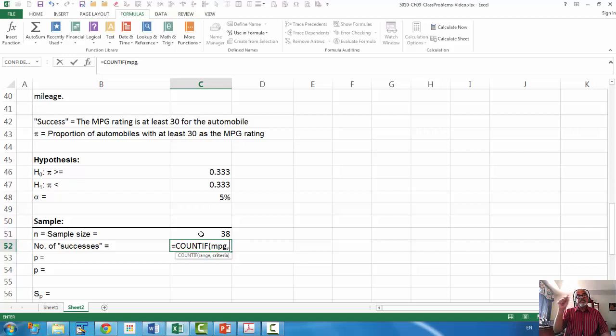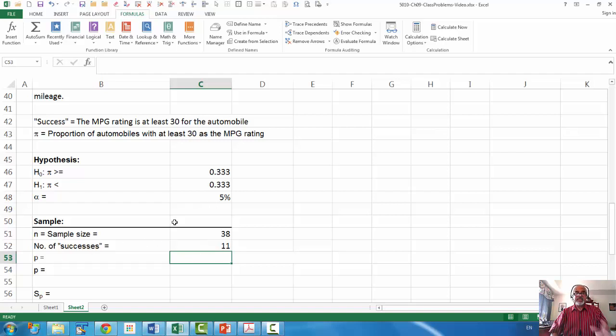We want at least 30 for MPG. So you have to put that in quotation marks. At least is greater than or equal to, not simply greater than. Okay, so that's the condition. So close parenthesis, and that will count how many observations are there with 30 or more in the column.